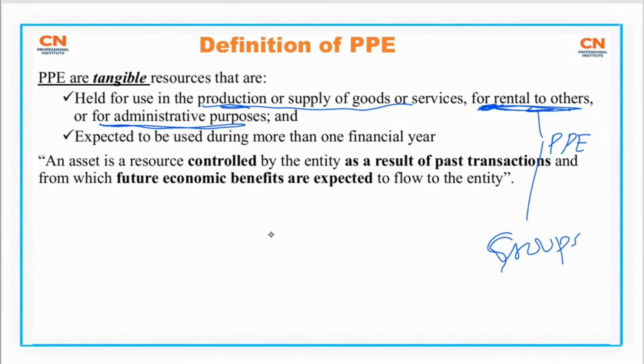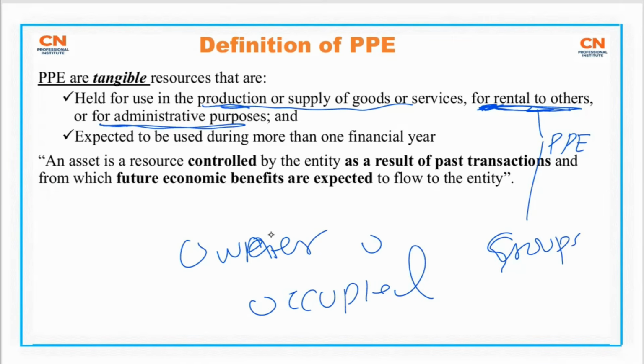So don't forget that PPE is also called owner occupied. PPEs are mainly used for production of goods and services, or for administrative purposes, or for rental to others, and they are expected to last for more than one financial year, and that's what makes them non-current assets.